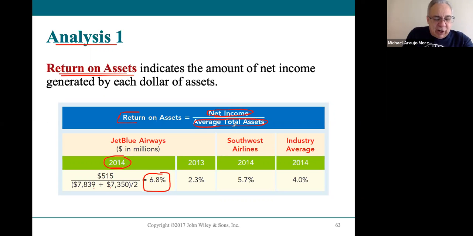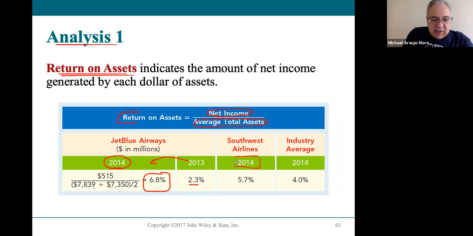That meant that for every dollar in average total assets, they generated almost a 7-cent profit. That's really exceptional, particularly when you look at their previous year, 2013, they only had a 2.3% return on assets, up to a 6.8. So they're doing some great stuff there.